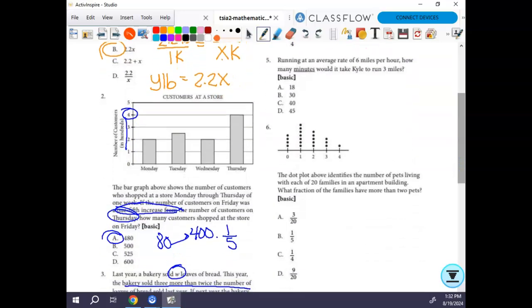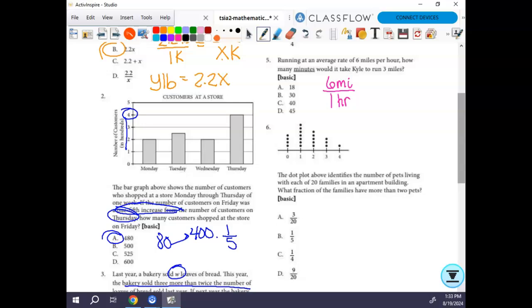All right, let me see number 5. Okay. Running an average of 6 miles per hour, how many minutes would it take Kyle to run 3 miles? This is a pretty basic type of question, but if they had asked me in 1.5 hours, or did other weird things, let's make sure we know how to set something like this up. 6 miles an hour means we go 6 miles for every 1 hour.